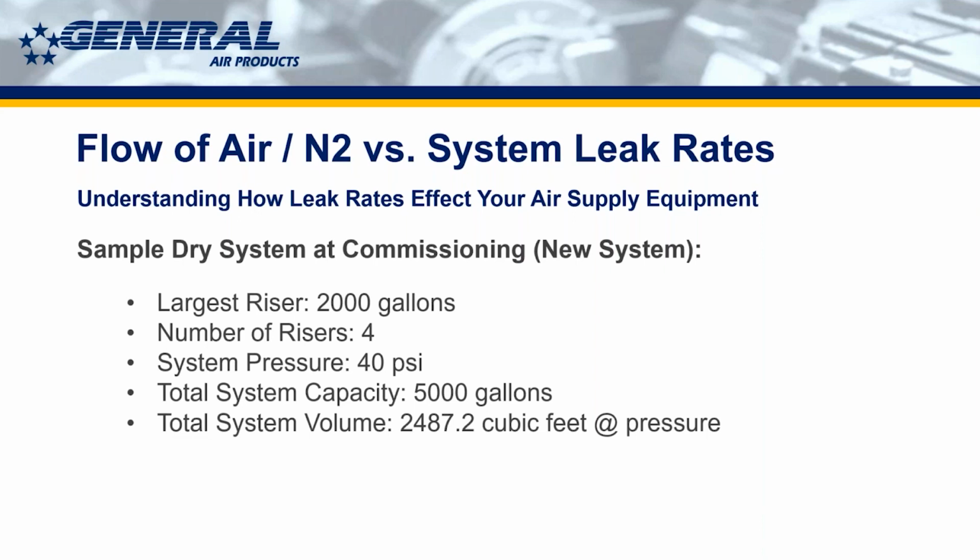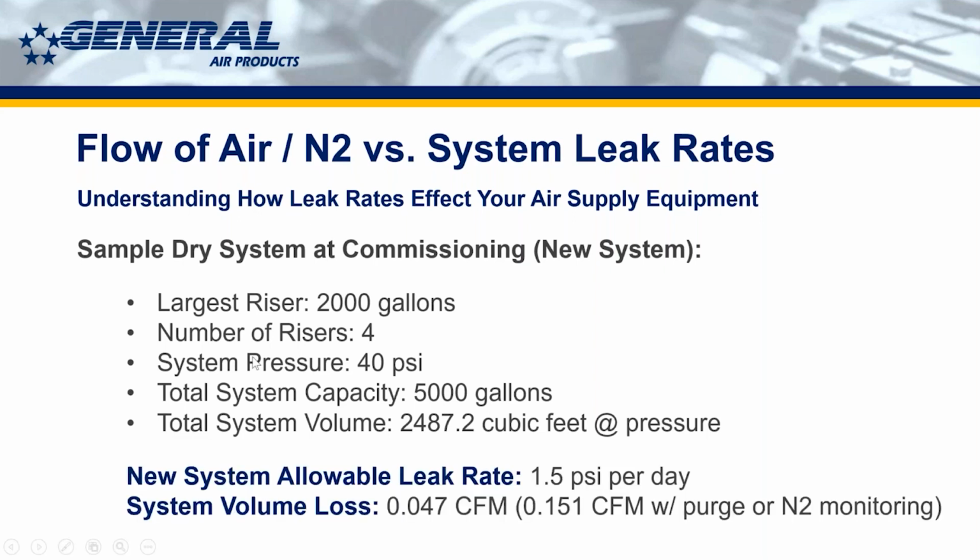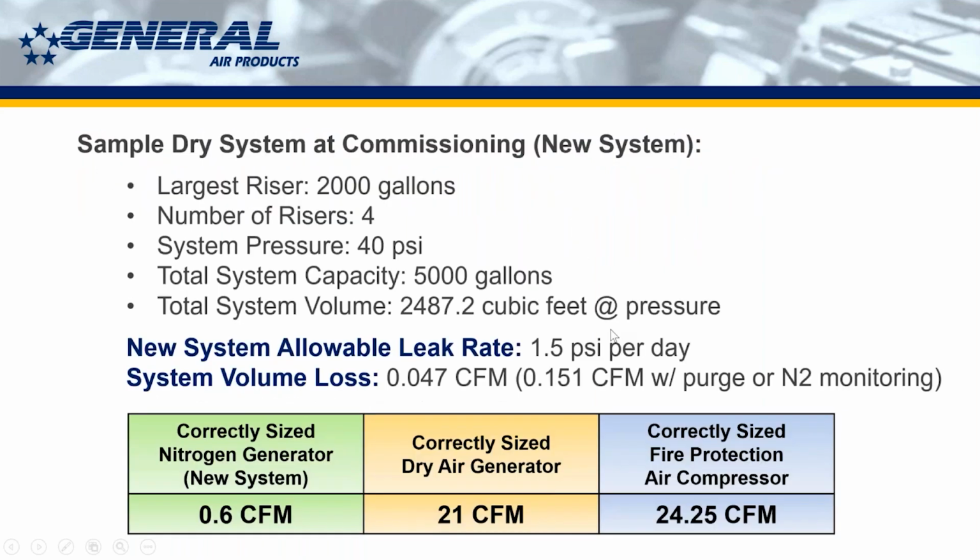And then we put down the total system volume of roughly 2,500 cubic feet at pressure, because we use that number for our own calculations. So the new system allowable leak rate is 1.5 psi per day, which we saw in the standard previously. And in this system, that works out to a 0.047 CFM leak rate, which is a very, very small amount of air that is weeping out of this system.